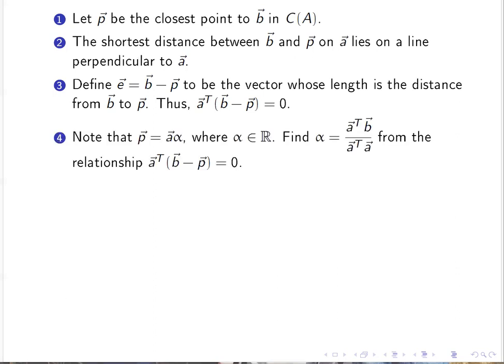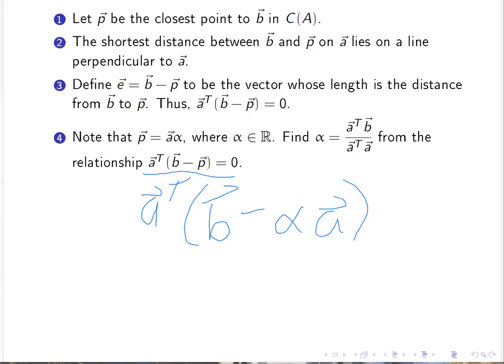Well, since P equals A alpha, then alpha equals this from this relationship. If you don't get that, in this relationship, this equals A transpose times B minus alpha A, and that's equal to 0.